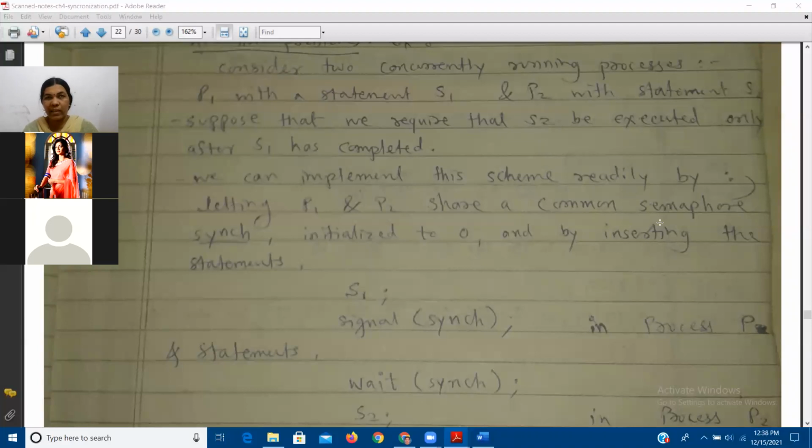The washroom is treated as a common resource. As it is a common resource, only one process will be able to access it, right? P1 wants to access it as well as P2. Assume that P1 came first and P2 came next.